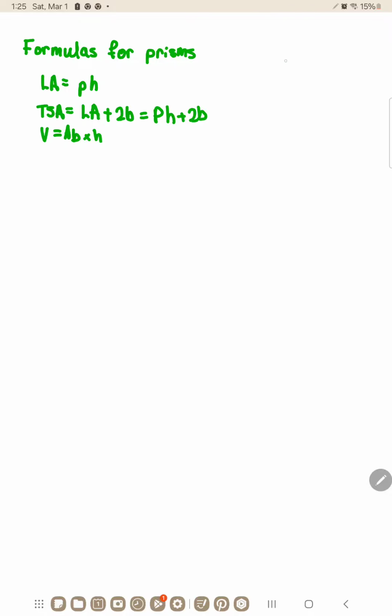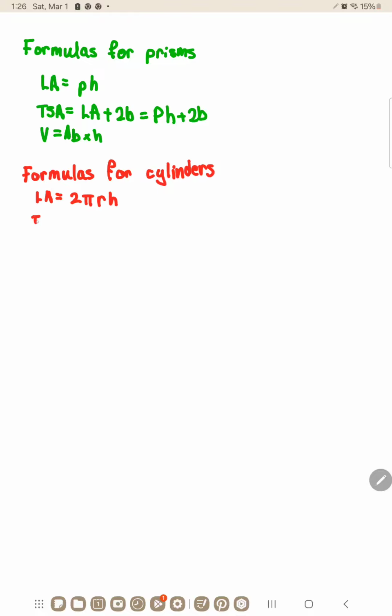That's for prisms. Now we have formulas for cylinders. First of all, lateral area, which is 2 pi RH.